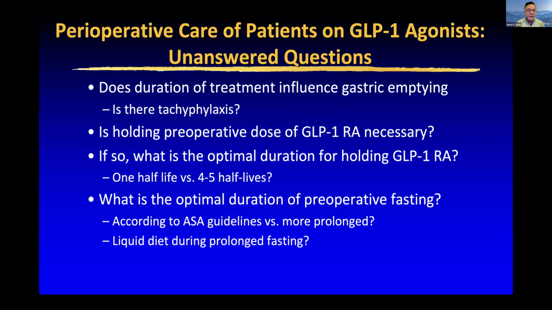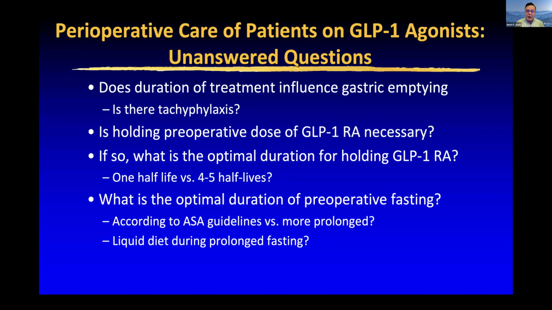The other question we need to ask is, is holding the preoperative dose of these drugs necessary? Does it matter? If so, then how long should we hold these drugs for? One half-life, which is what the ASA recommends, which is basically a week for patients who are on a weekly dose, or 4 to 5 half-lives.